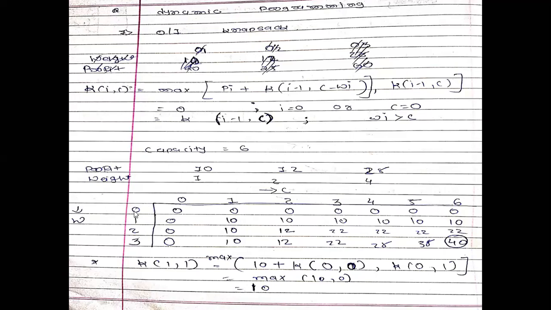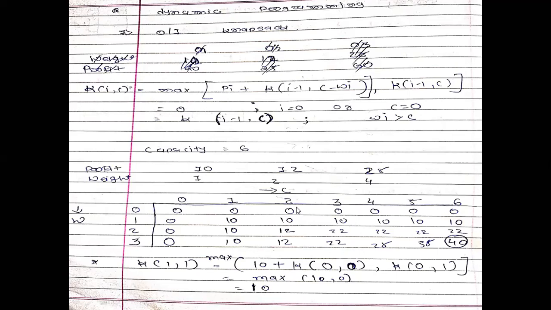So we will start from 0 to n. So 0, 1, 2, 3. What we are putting as a row index is the total number of items. So we will start from 0, then 1, then 2, then 3.